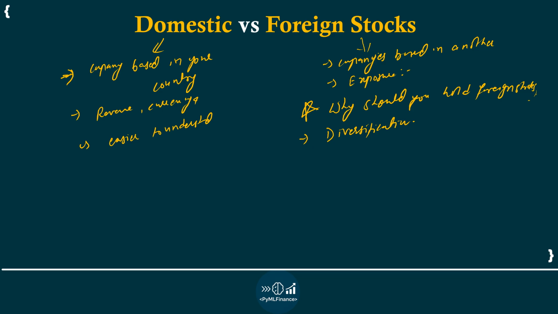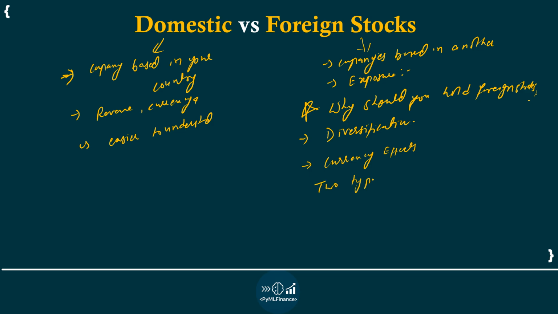Now one more reason is currency effect. Currency is always going up and down. Currency appreciation can increase returns and currency depreciation can reduce returns. So foreign stocks involve two types of risk.